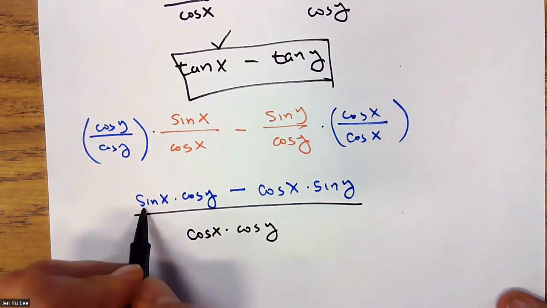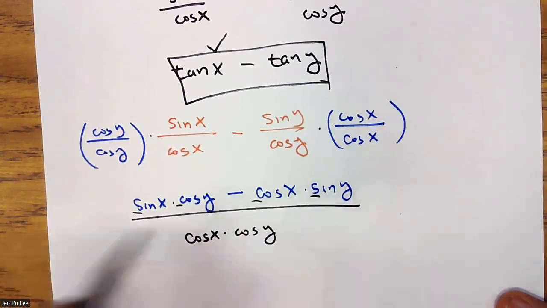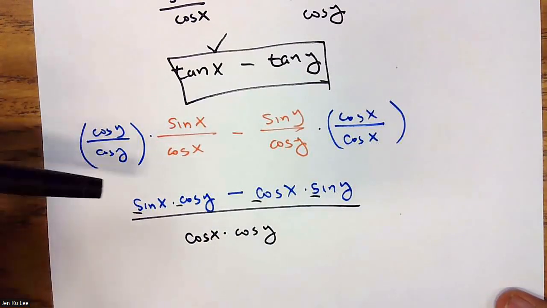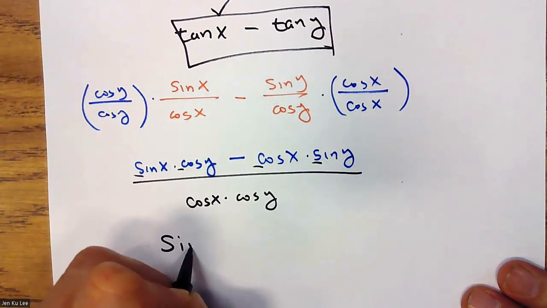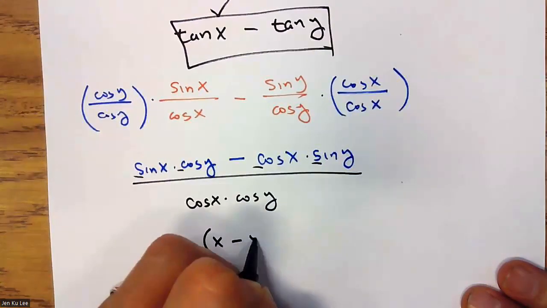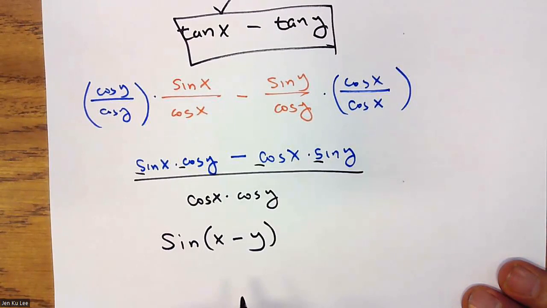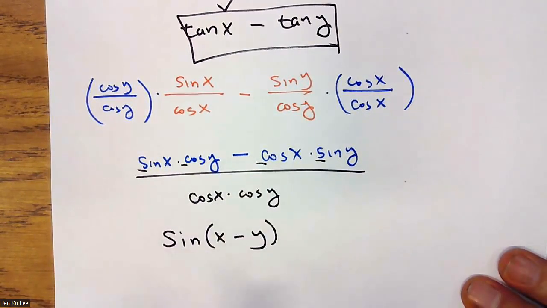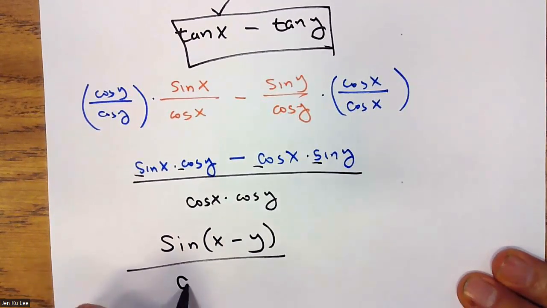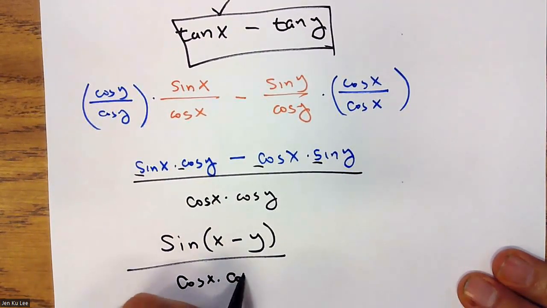So S, C, C, S. That is, sine can't change signs, so my numerator would be sine of the two angle measures, just subtracted because sine can't change signs, over cosine of x times cosine of y.